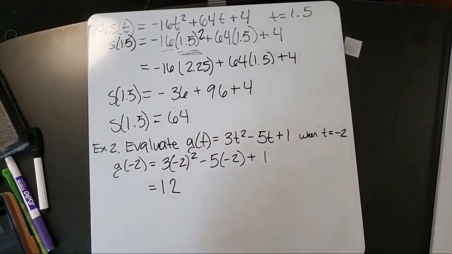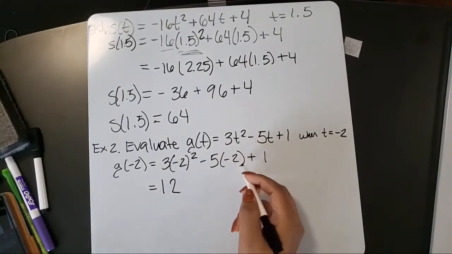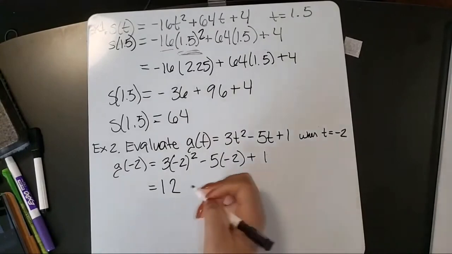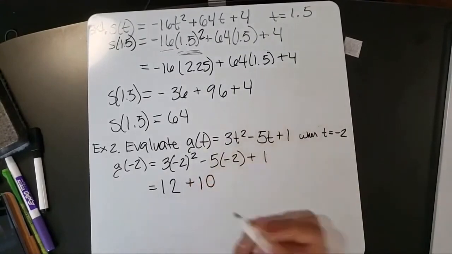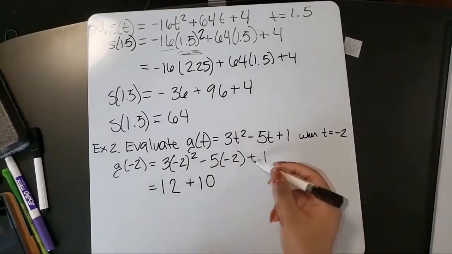Okay? So while you're working the problems out, this is what your thought process needs to be. Then you need to look here. We got minus 5 times negative 2, which is the same thing as negative 5 times negative 2, which is positive 10. Okay? Then we have plus 1.